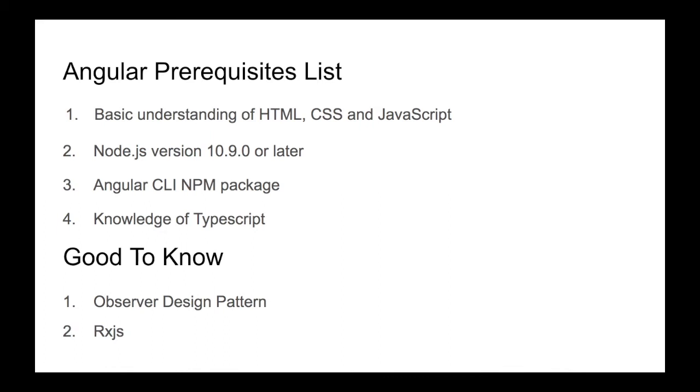You need not know it while starting, but it is important because all the services and every aspect of callbacks and timers in Angular are managed by RxJS. RxJS is based on the concept of the observer design pattern, right?